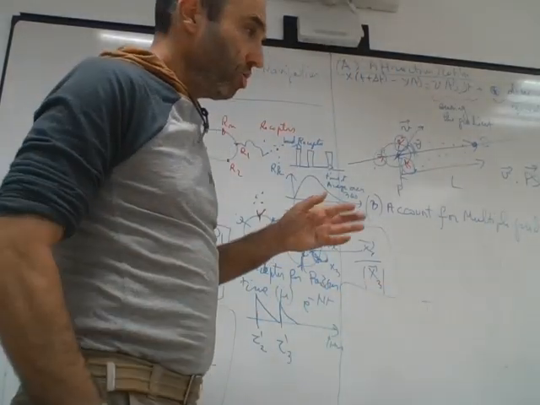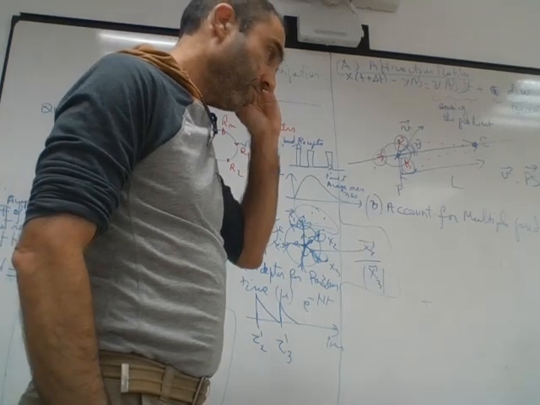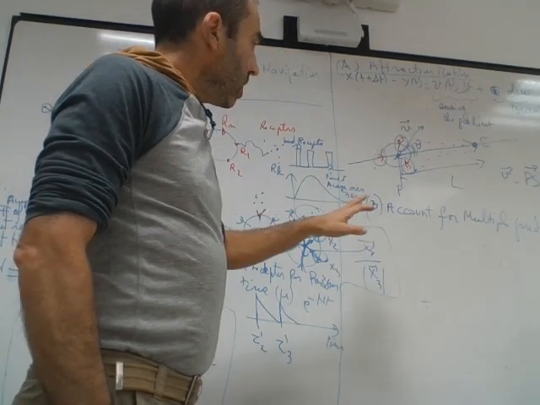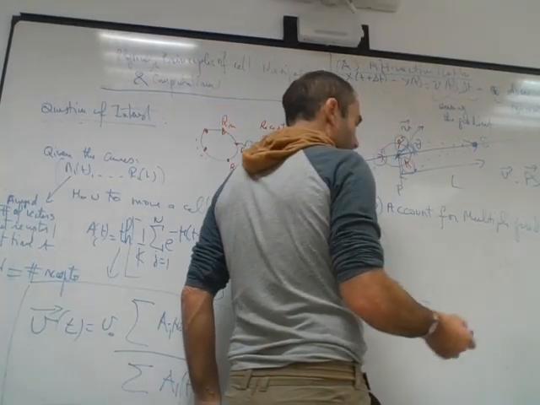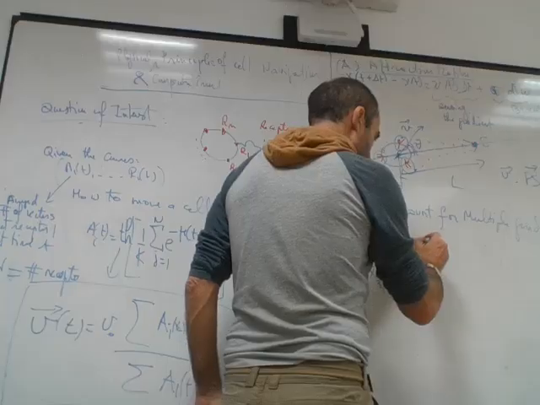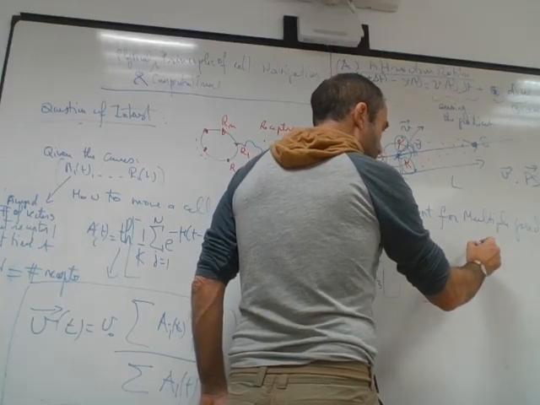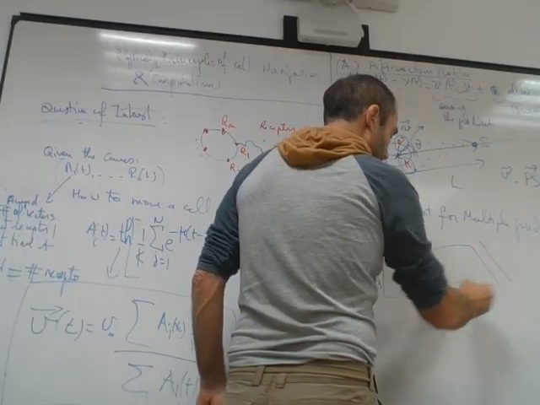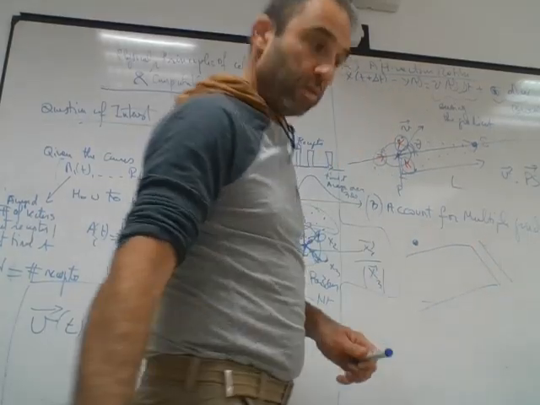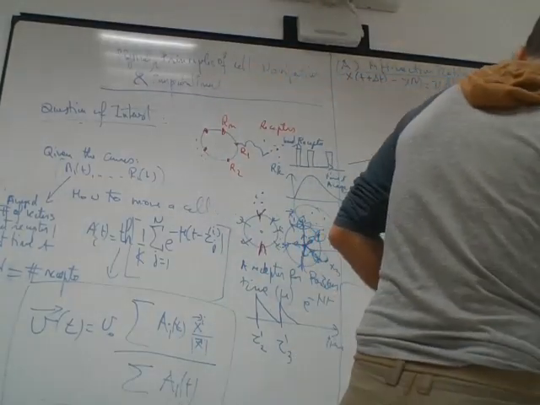So I'll show it to you. The cell needs to account for multiple gradients for many reasons. For example, the cell starts here. It should go through a corridor, as we said. So the cell basically has to go from this location.